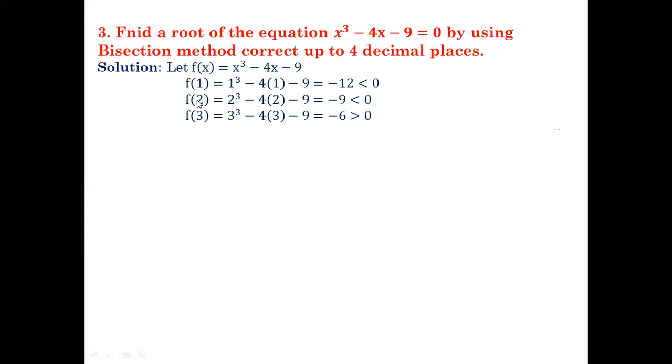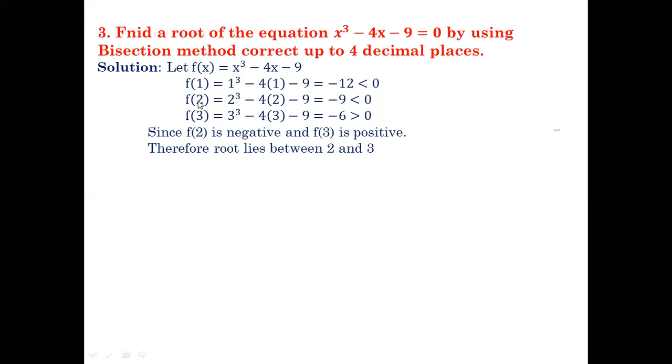Find f(2): 2 cubed minus 4 into 2 minus 9, less than 0. f(3): replace x by 3, 3 cubed minus 4 into 3 minus 9, which is equal to, sorry, it's a plus 6. So 27 minus 12 minus 9, which is 27 minus 9 is 18, 18 minus 12 is equal to plus 6, which is greater than 0.